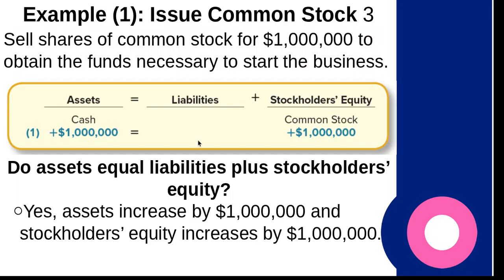Let's move on to the next one. Look at this example, for instance. It says sell shares of common stock for $1 million to obtain the funds necessary to start a business. Now, this company wants to organize a business and then declare to the public that they should come and buy shares.